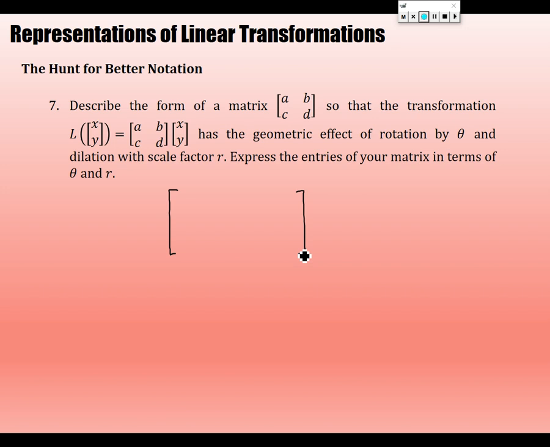Now you might be worried, which direction? Do I do 5 times 6 or 6 times 5? Doesn't matter, because dilations and rotations commute. It doesn't matter what order you do a dilation and a rotation in, so it won't matter which order you multiply them in, and you'll get your answer for number 7.